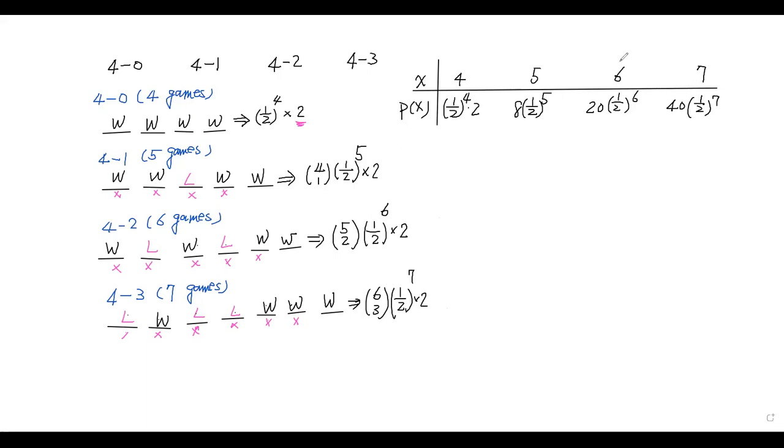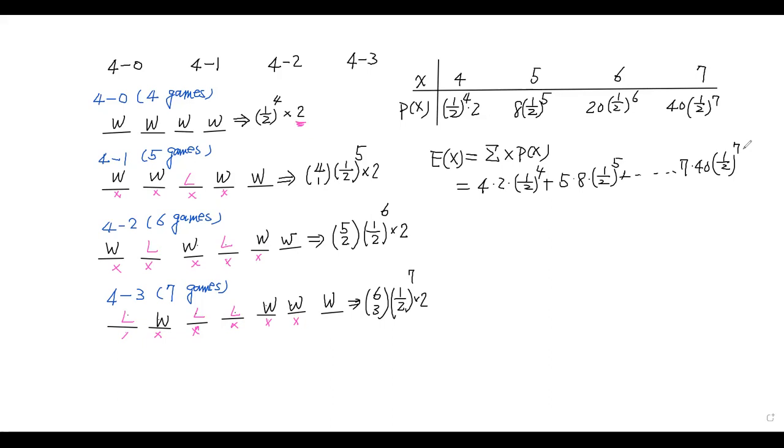All right, so then the expected number of games, you add these things together, right? So it will be equal to 4 times 2 times 1/2 to the 4th, plus 5 times 8 times 1/2 to the 5th, and so on, to 7 times 40 times 1/2 to the 7th, right?